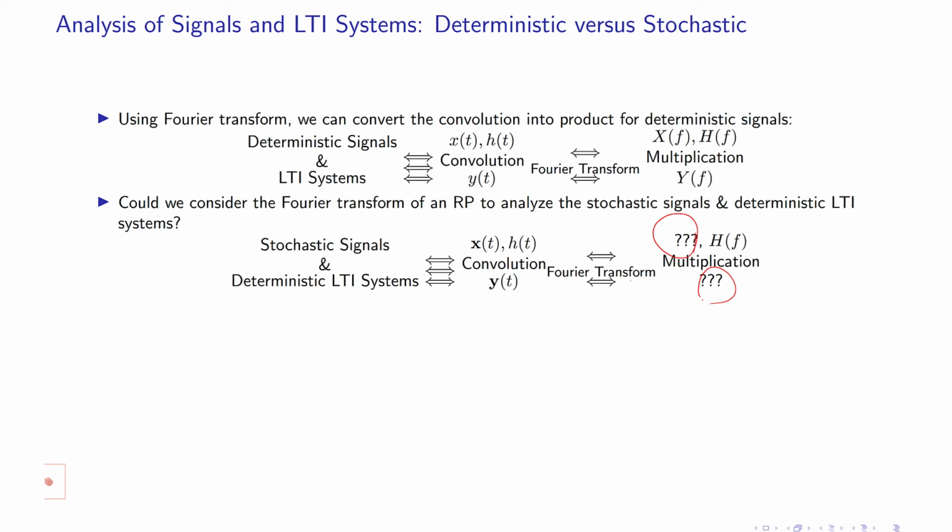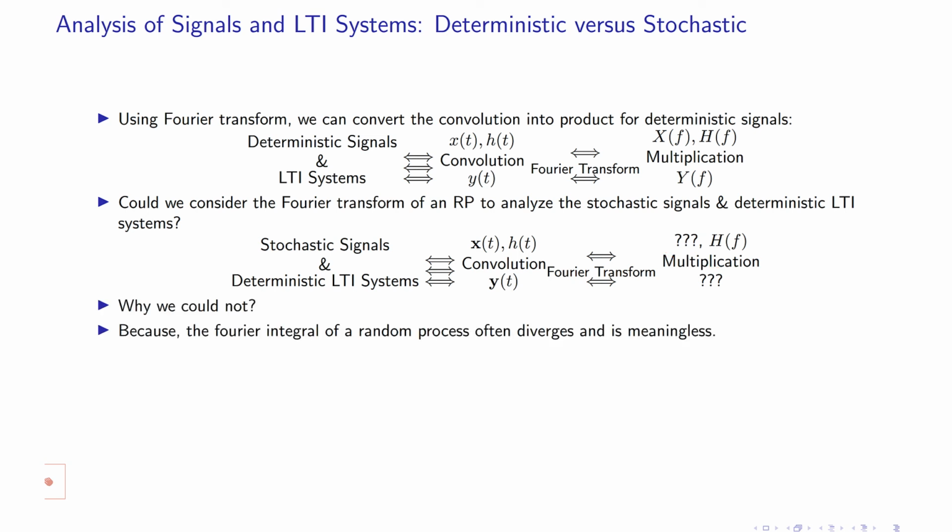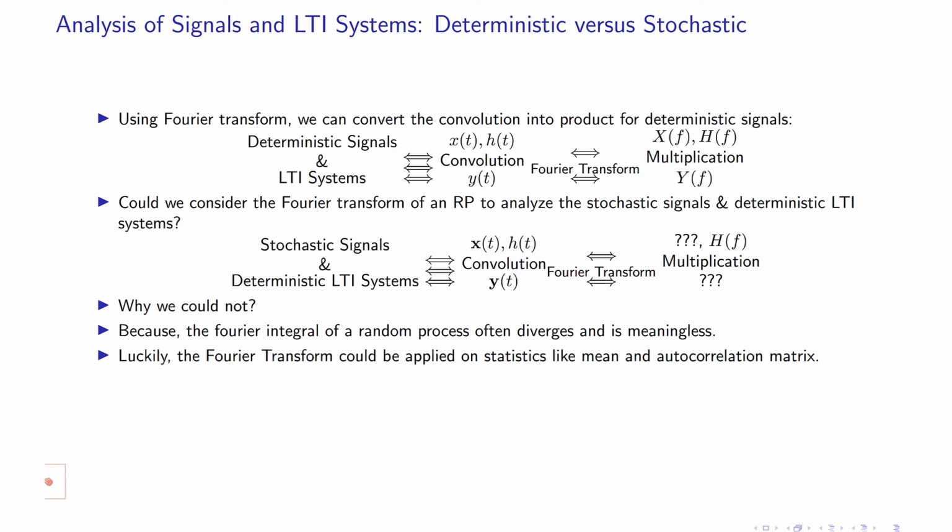And the answer is that this chapter tries to find an alternative solution for that, which we call power spectral density. So instead of using Fourier transform of x of t or y of t, which don't exist, we will talk about something else. We will find another alternative solution. So we cannot do that, and the Fourier integrals don't exist. They are meaningless.